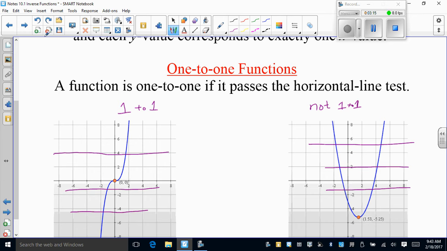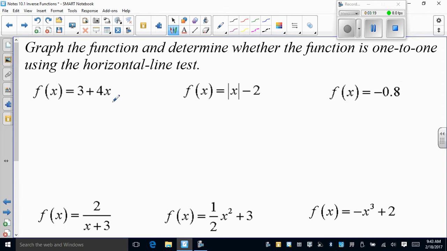Okay, so this one here says graph the function, determine whether the function is 1-to-1 using a horizontal line test. Well, this one here, we're going to just sketch them. This is a line. Y-intercept is 3 with a slope of 4, so the graph's going to do something like this. And we can put a horizontal line anywhere along here, and it'll cross through that once.